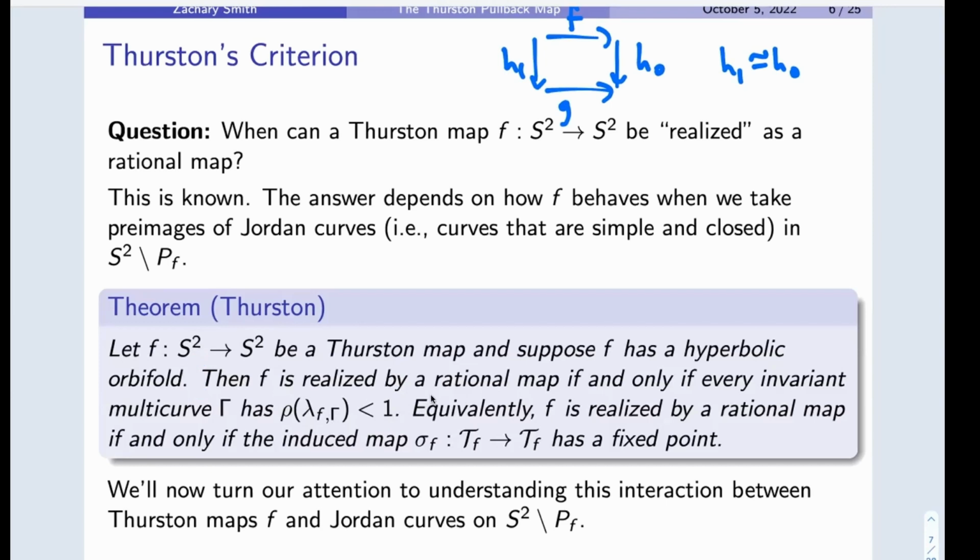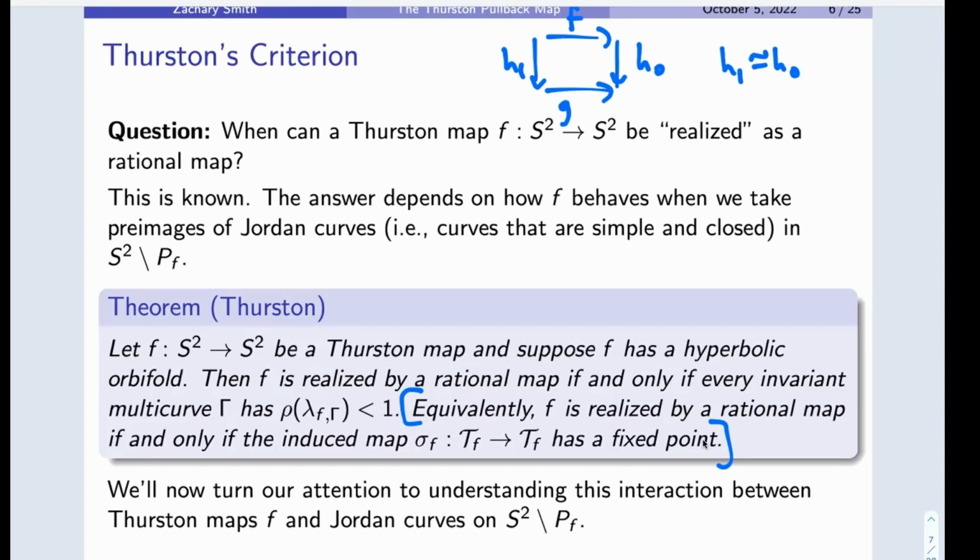What will be more relevant to us is going to be the second statement. And I'll explain what these words mean a little bit more later on. But there's going to be an induced map on Teichmüller space associated to a Thurston map.